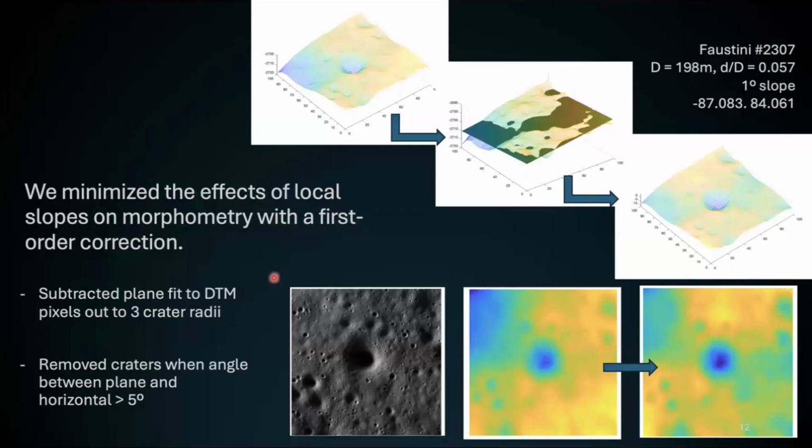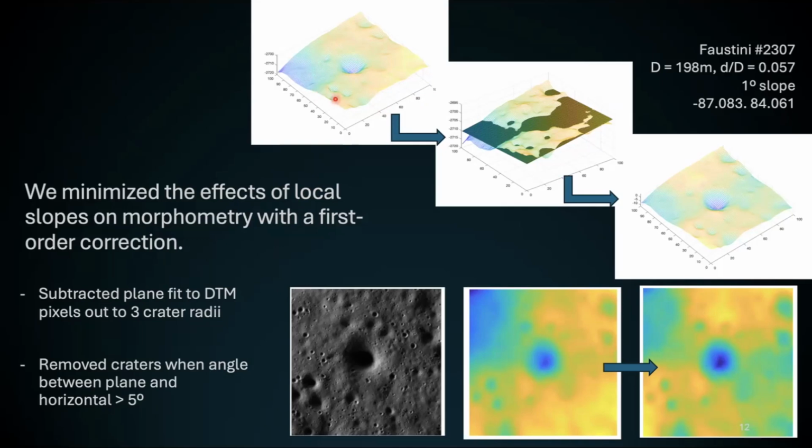And then we also considered that local slopes can have effects on the depth and diameter and other morphometry of the crater. And so we ignored craters that were on local slopes of greater than 5 degrees. And the way that we did that, this is actually an old figure, but what we did is we took the local terrain out to 3 crater radii.